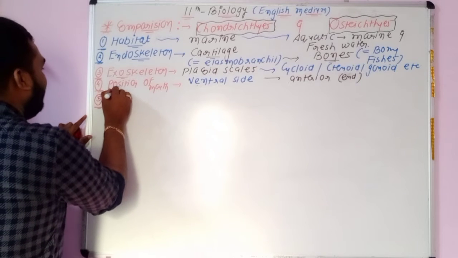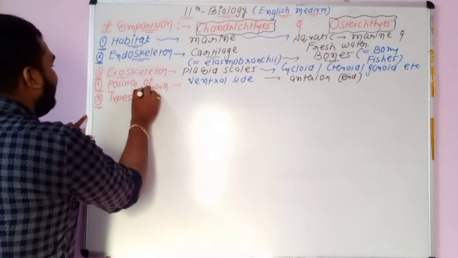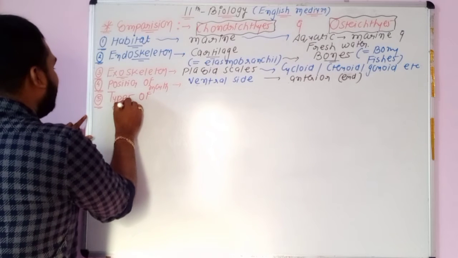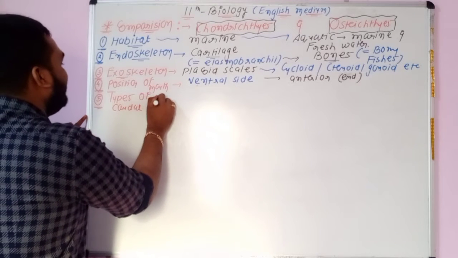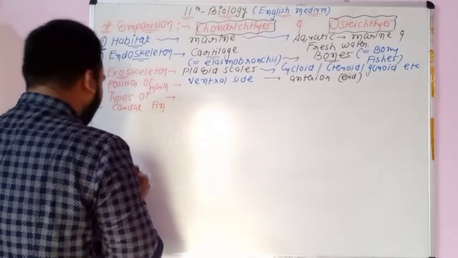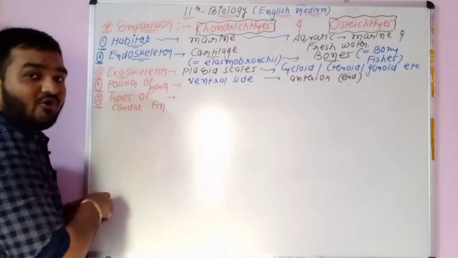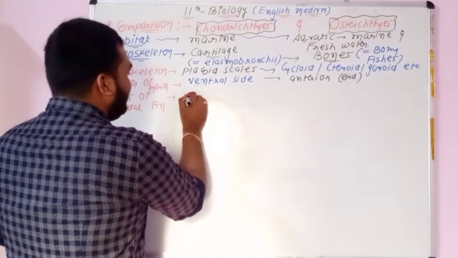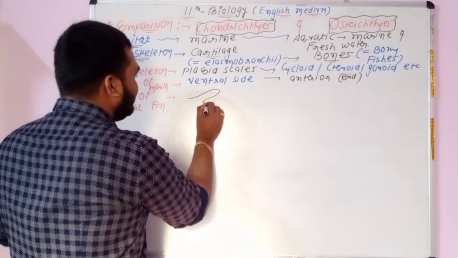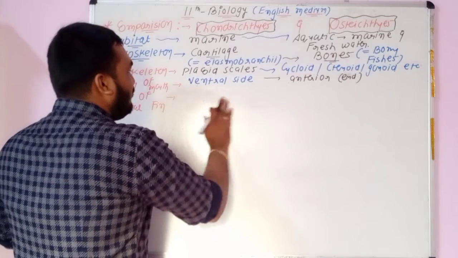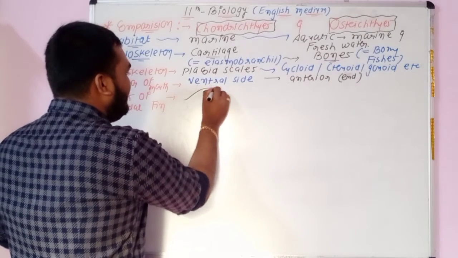Now point number 5, the types of caudal fin. Now see, it is a very interesting thing. In Chondrichthyes, the caudal fin will be like this.